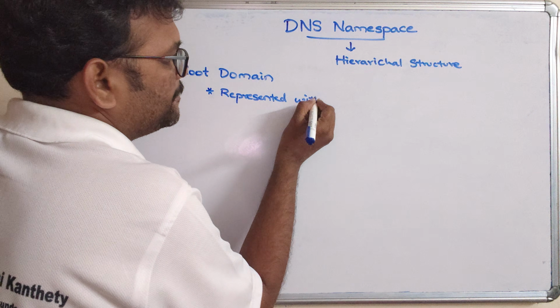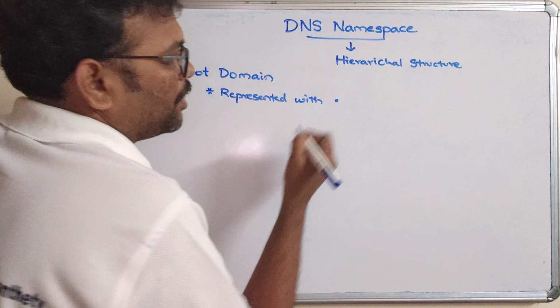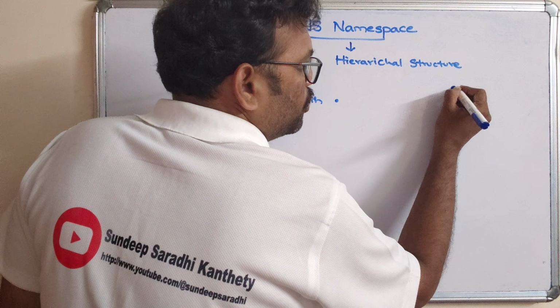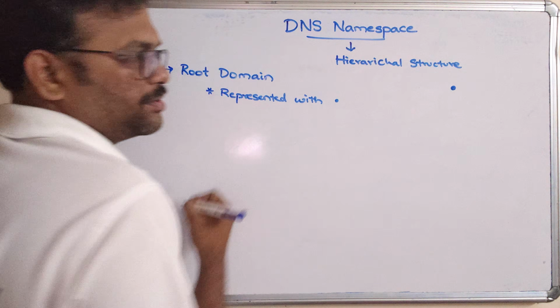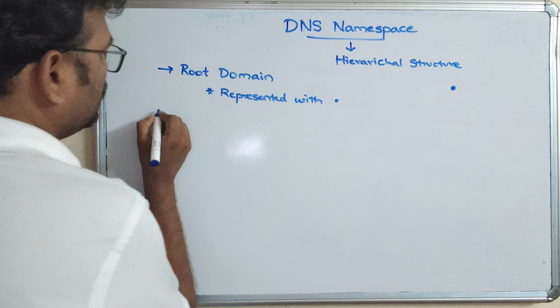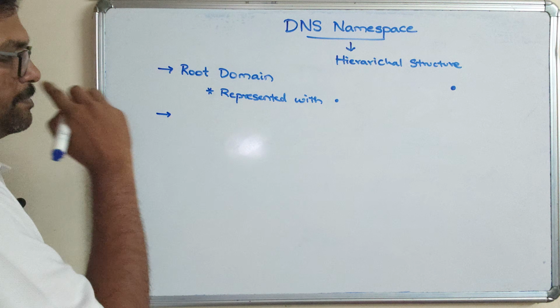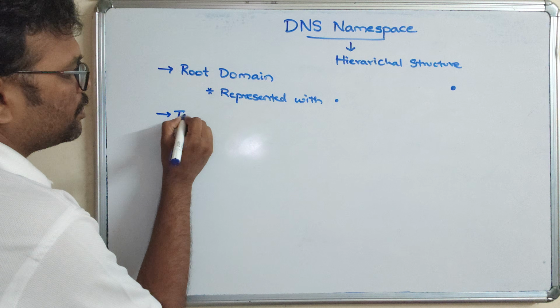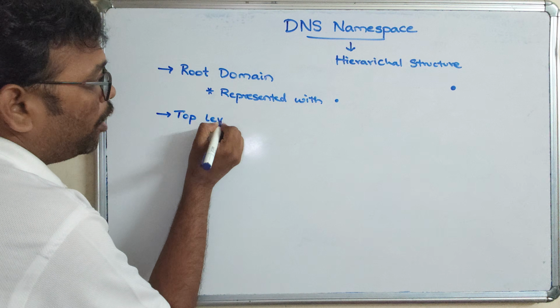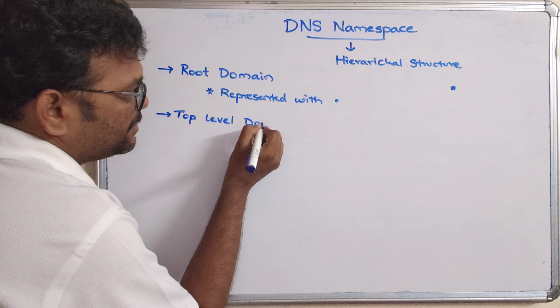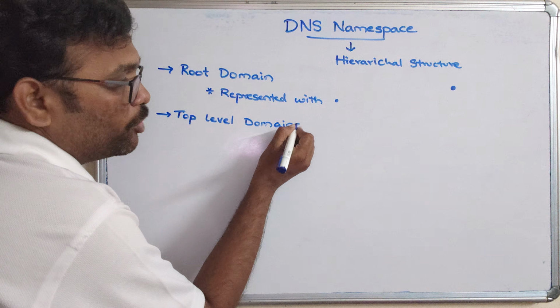Okay, so I'll write here: dot is the root domain, and the next one is the top level domains.